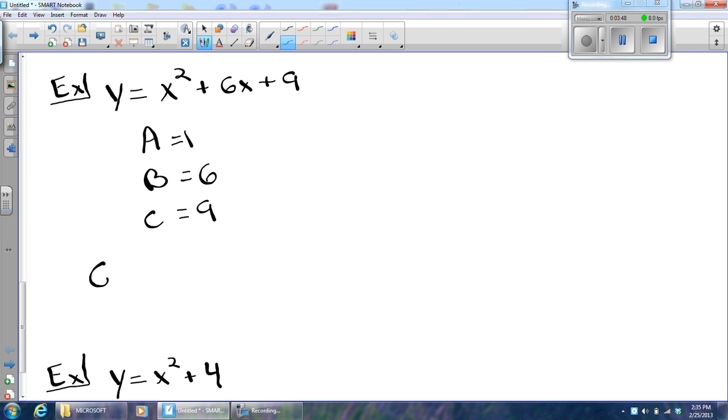So B squared, 6 squared, minus 4AC. 4 times 1 times 9. When we evaluate this, we get 0. And back at the top, it says that when it equals 0, then there's going to be 1 solution. So we have 1 solution.